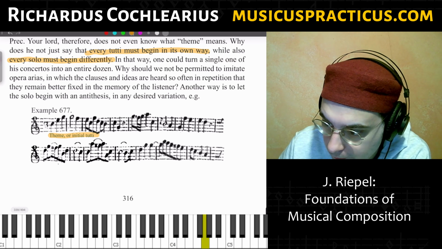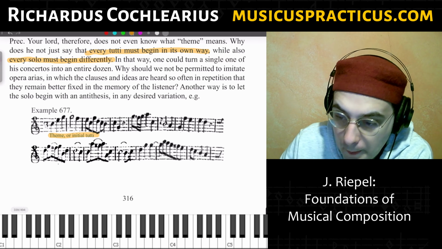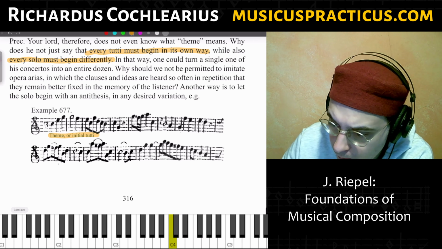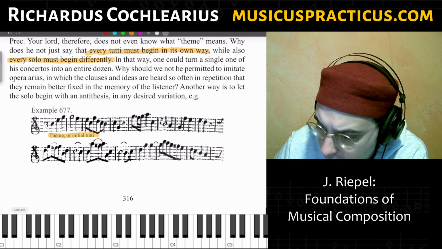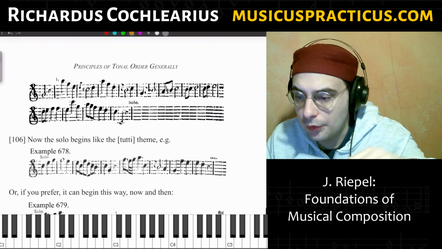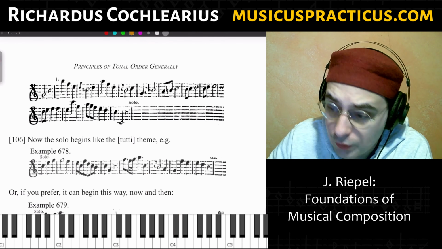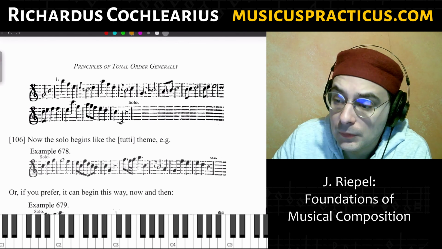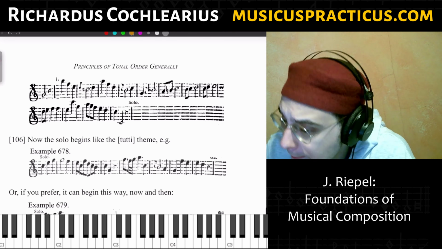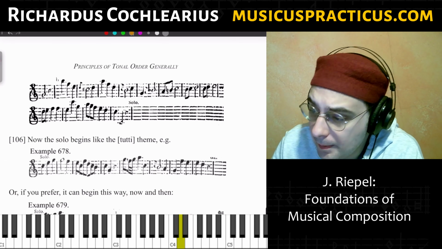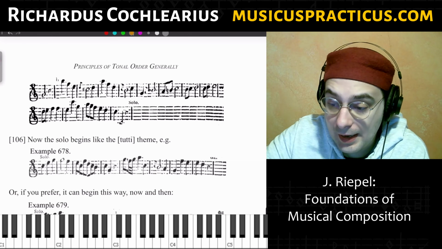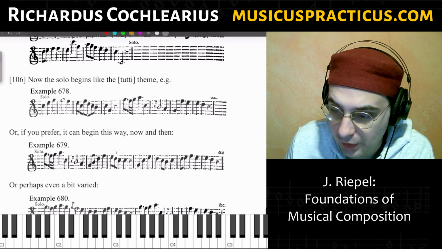Then fa, mi, re, do, and so on. And now the solo begins like the tutti theme.